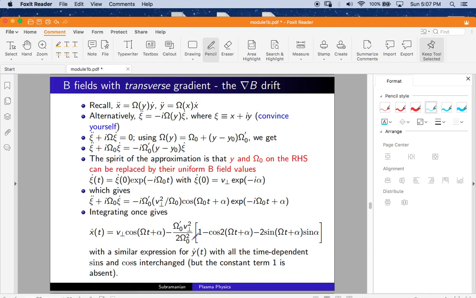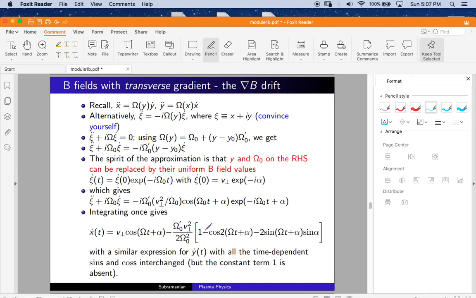All right, and there is a similar expression for dy/dt. It looks very similar, except you'll have a sine here, a cosine here, and a sine here. But importantly, the constant term will be missing. There's no constant term.